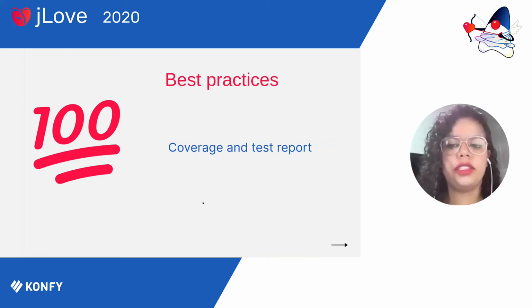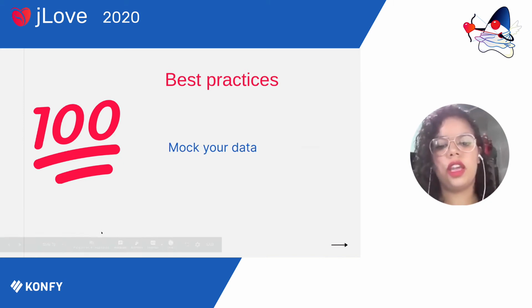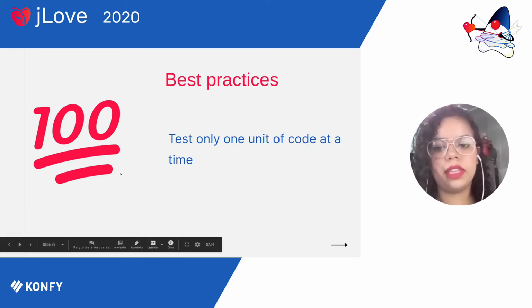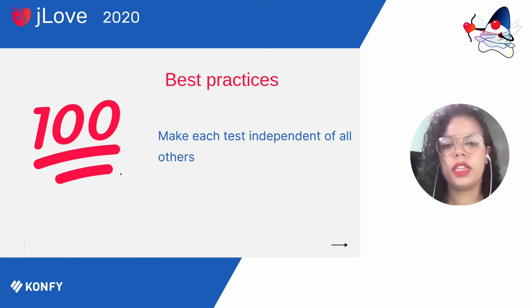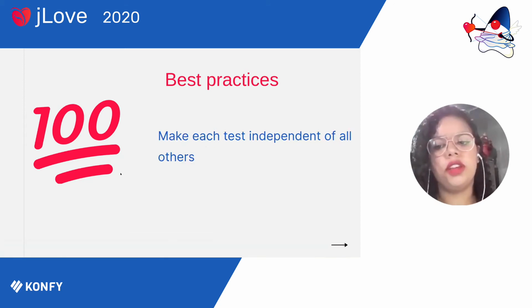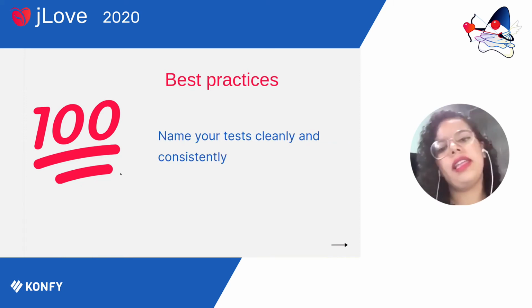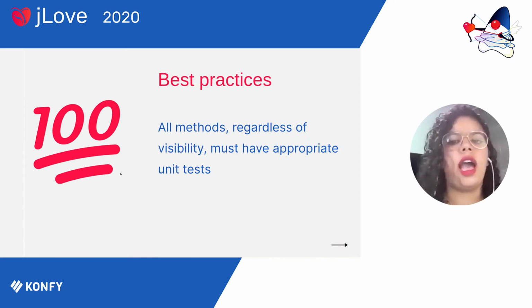Use coverage and test reports. Mock your data. Test only one unit of code at a time, and make each test independent of all others. Name your tests cleanly and consistently. All methods, regardless of visibility, must have appropriate unit tests.